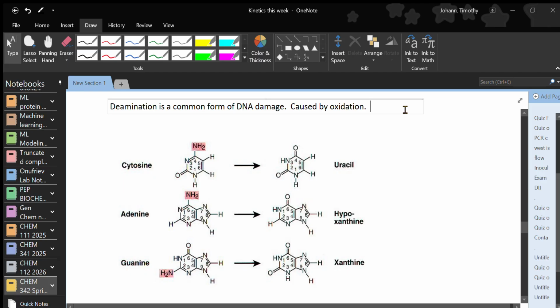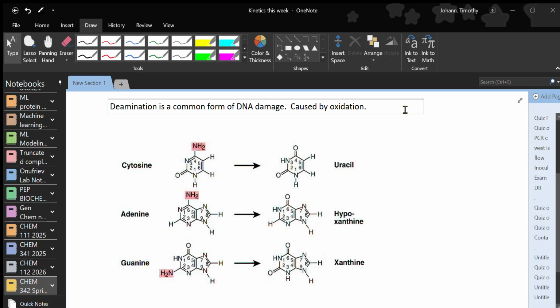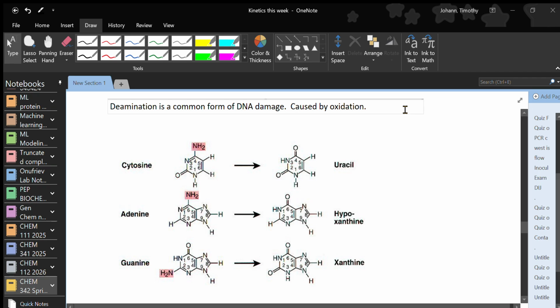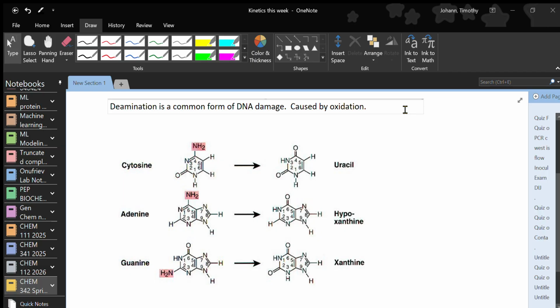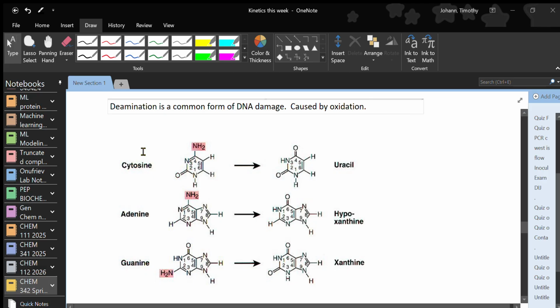And what's really interesting about this is how we explain why we have T's in DNA and U's instead of the U's that we have in RNA. So if we look at this, we can see all these cases. What we've got is an amine that is being replaced with an oxygen in all these cases, right? But if we look at uracil, C, this is cytosine, this is our C in DNA, all right?